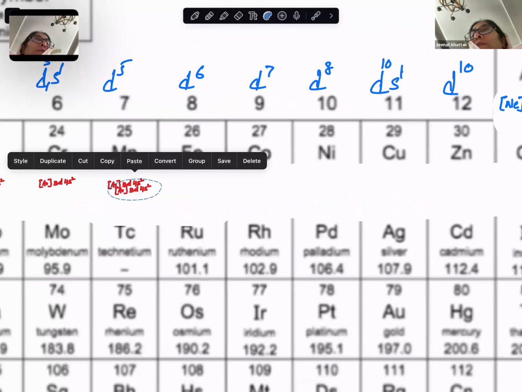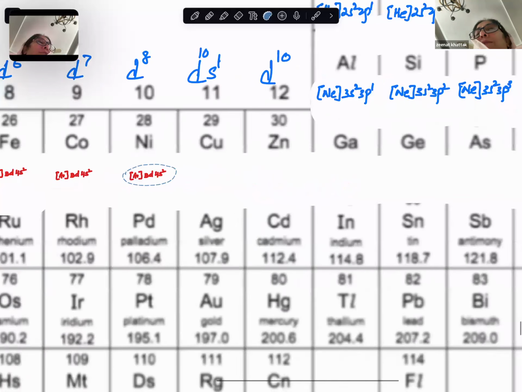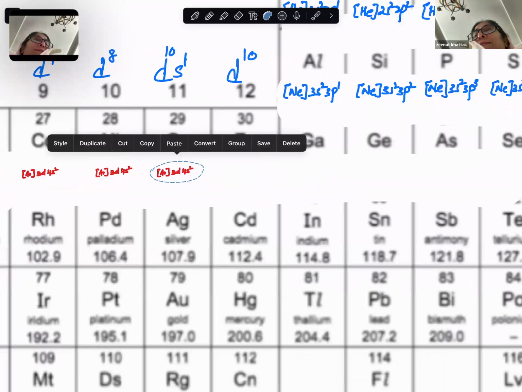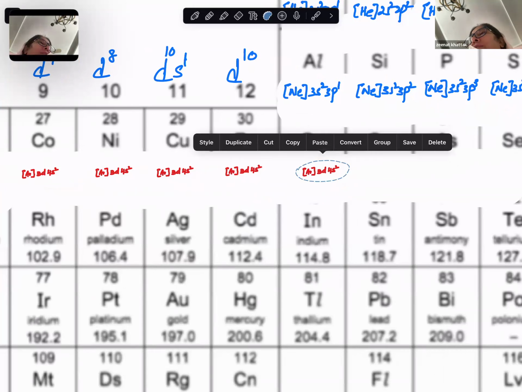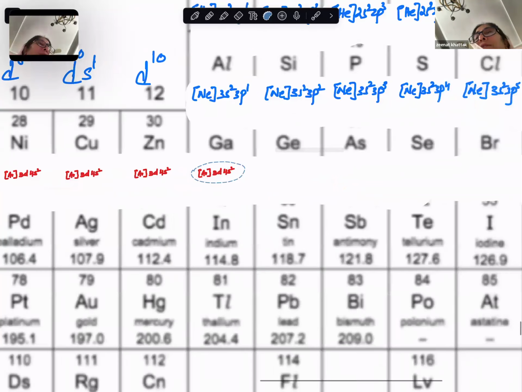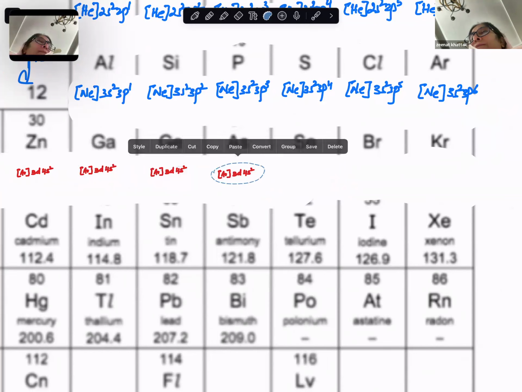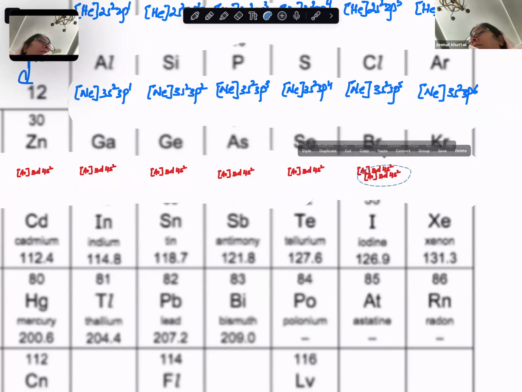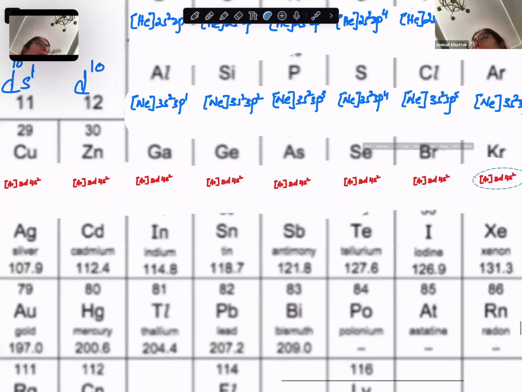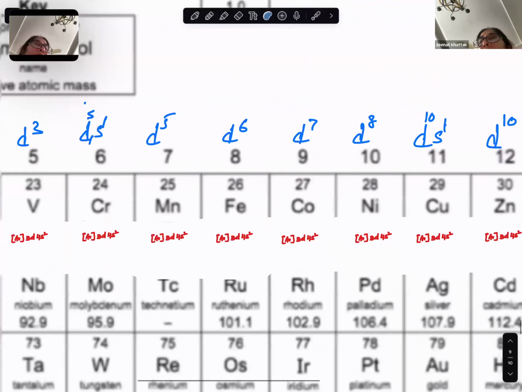manganese, iron, nickel. Look, now it's fast. Okay, it's a bit small, but I think it's okay. It will help you. So how are you going to do it?